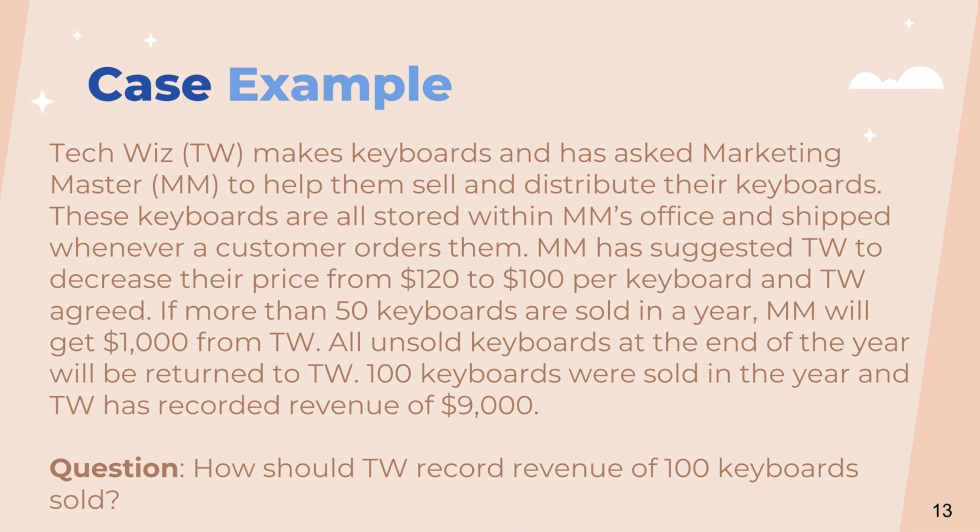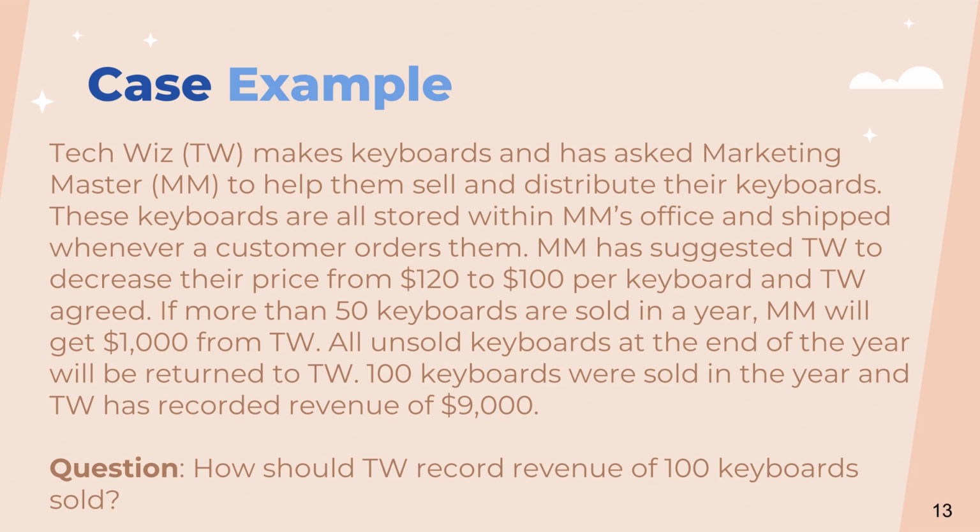TechWiz makes keyboards and has asked Marketing Master to help them sell and distribute their keyboards. These keyboards are all stored within MM's office and shipped whenever a customer orders them. MM has suggested TW decrease their price from $120 to $100 per keyboard, and TW has agreed.